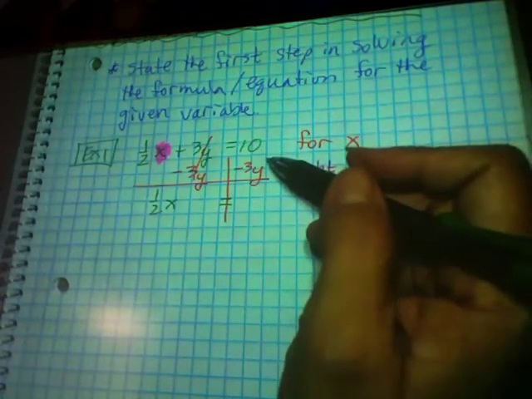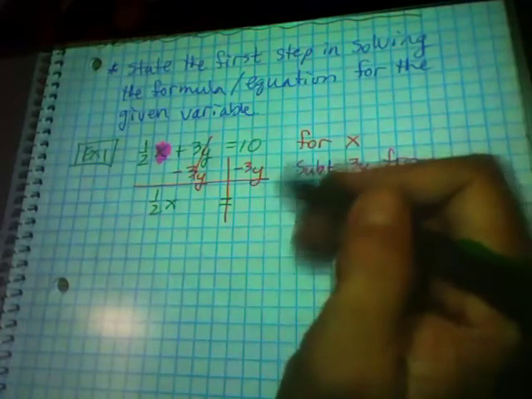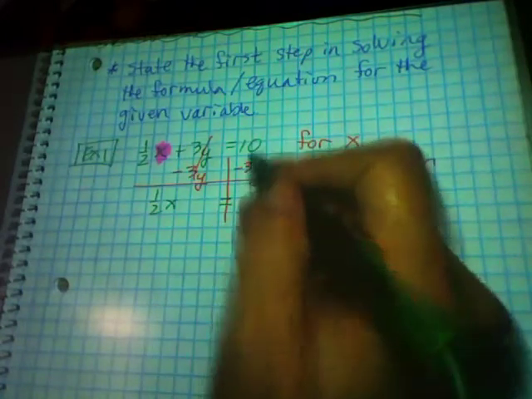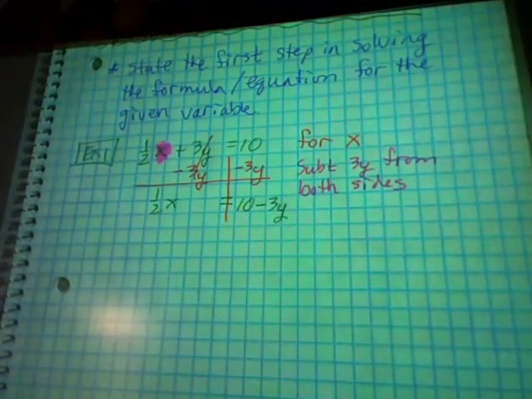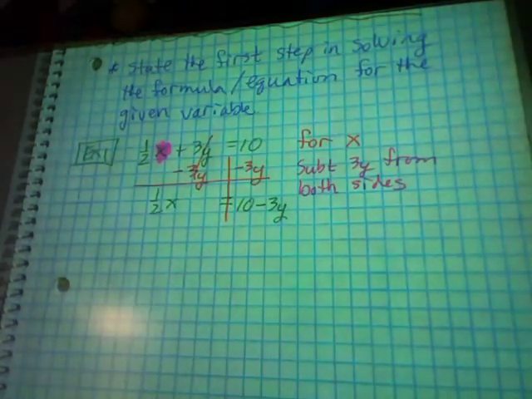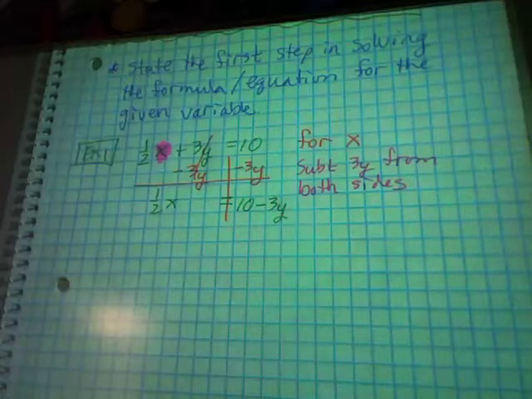I can't make it 7y. I can't make it 13y. I can't multiply them because we're adding, or technically in this case, subtracting. So I have a 10 and a minus 3y. So after we subtracted 3y from both sides, that's what we would have left. Did we solve for x yet? No. So there would be one more step, but you're not responsible for that yet.